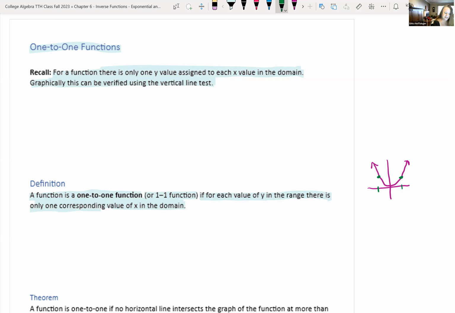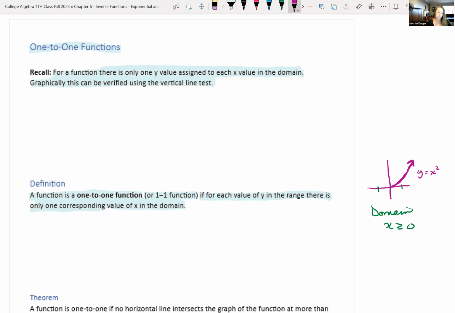But if I take y equals x squared and limit my domain to x greater than or equal to 0, I get rid of half of the parabola, and this is now a one-to-one function. So things that are not one-to-one can be made one-to-one by limiting the domain. When you get into trigonometry, you'll see that we sometimes do that to make our functions one-to-one.